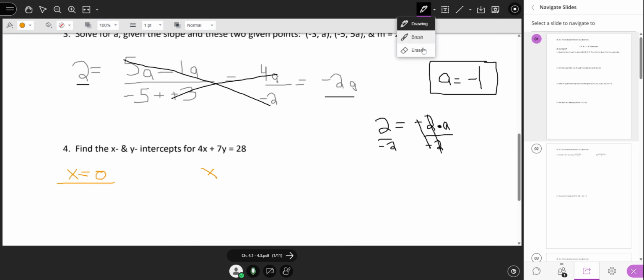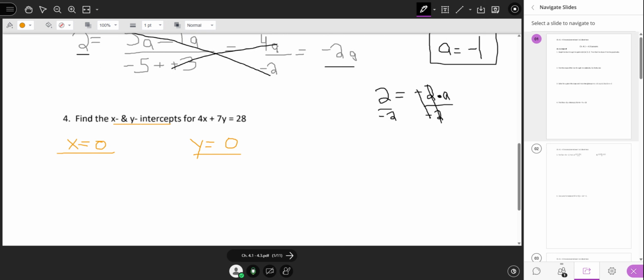Hang on just a second. When it's the standard form of a line and it wants the x and the y intercept, do this.